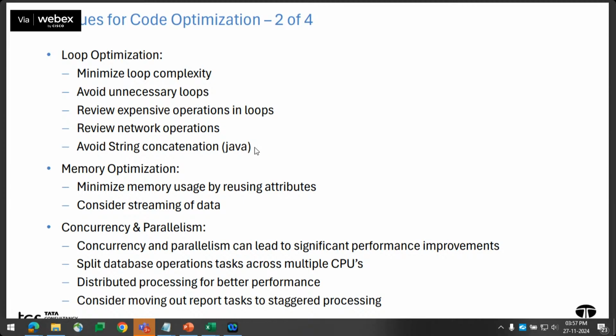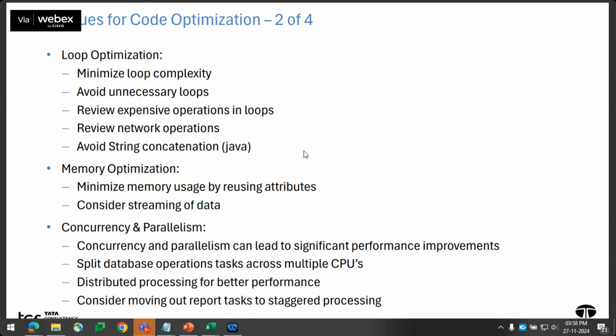Too many string concatenations also put a delay. So we need to see what our peak load will be and look at all these aspects.